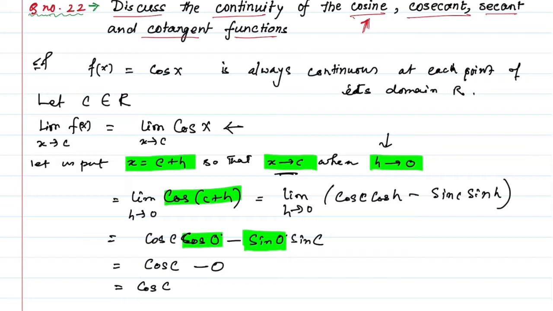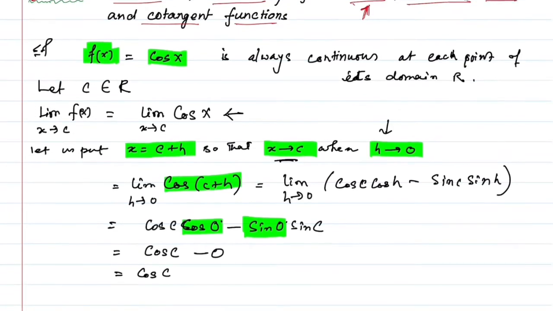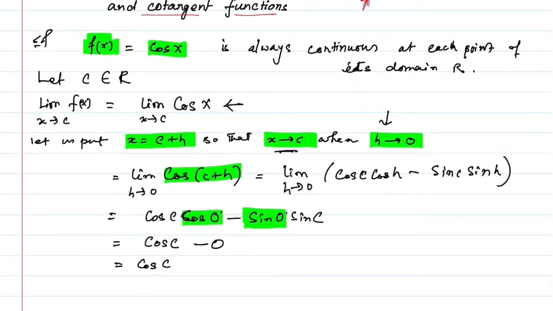So here you see, if f(x) is equal to cos x, then f(c) will be equal to cos c.